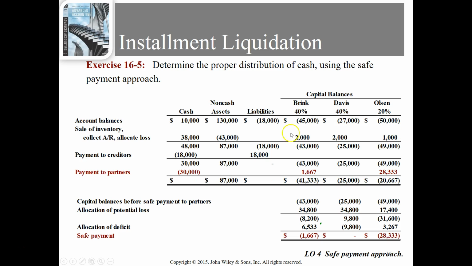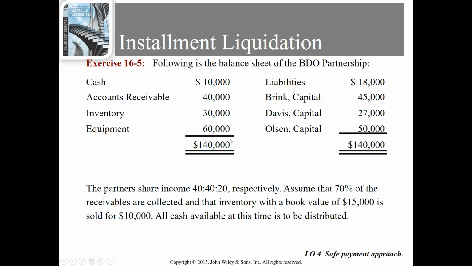Our first line, sale of inventory, collect AR, allocate the loss. So, cash coming in the door is $38,000. We've sold non-cash assets for $43,000.